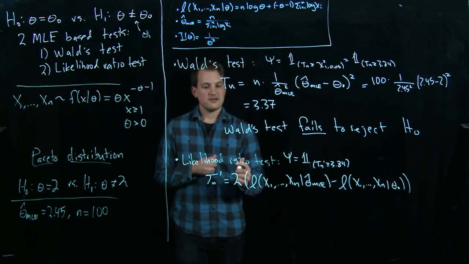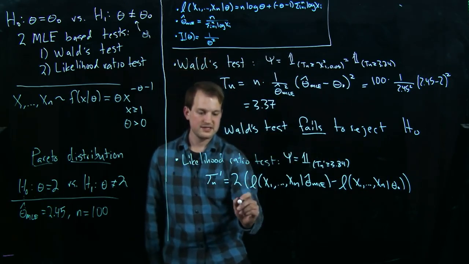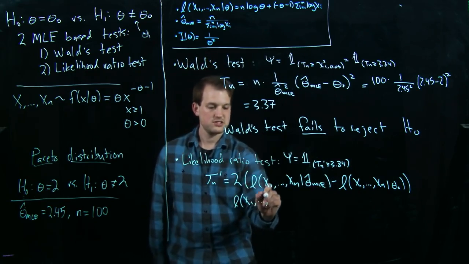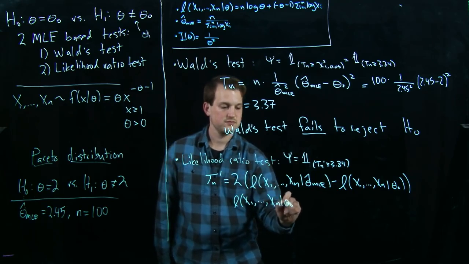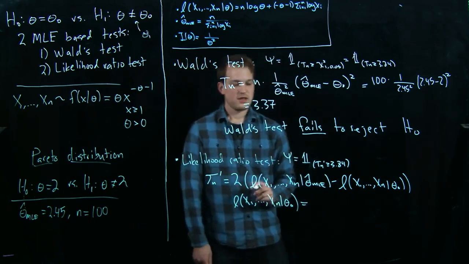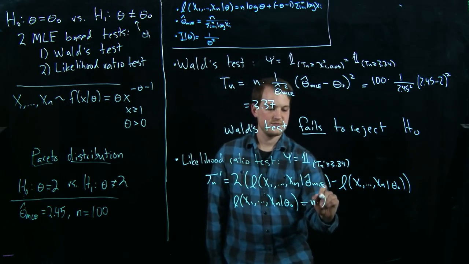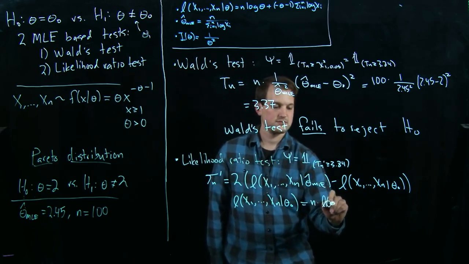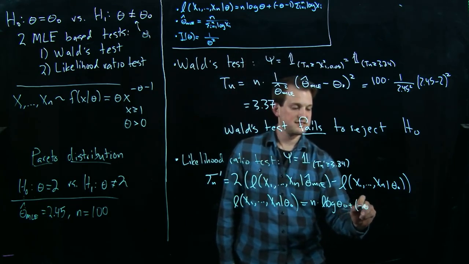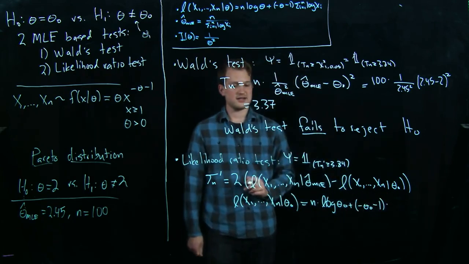Quickly, to show how to do this calculation, let's write out the likelihood at theta naught, where theta naught is 2. We plug in and get n times the log of theta naught, minus theta naught minus 1 times the sum of the logs.